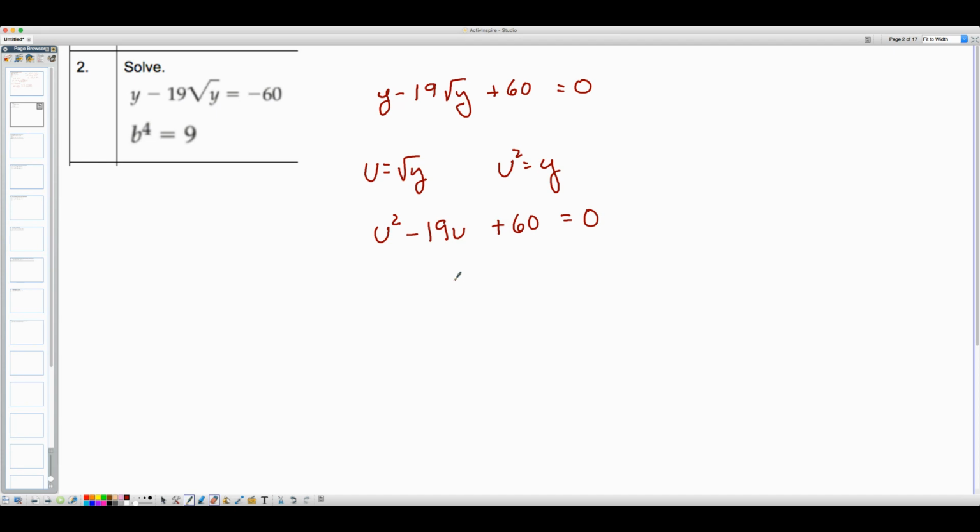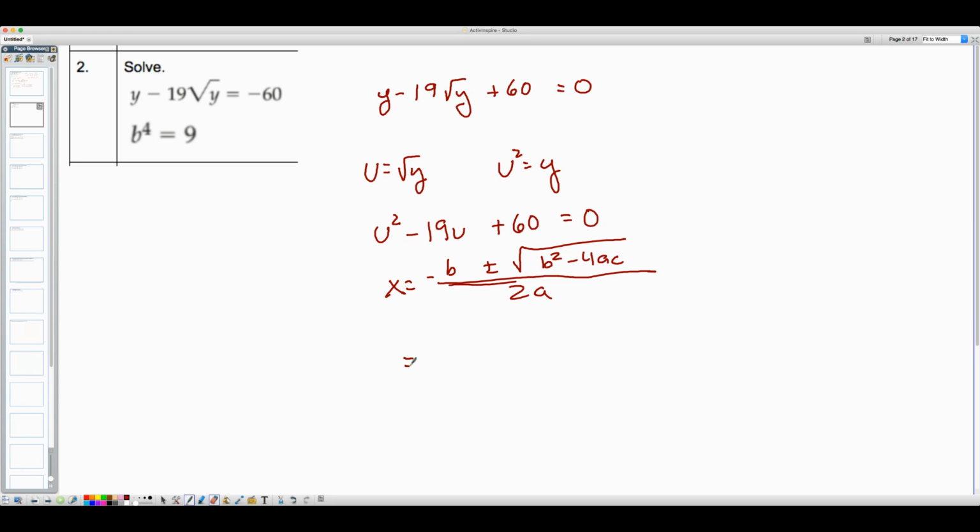And in the interest of time, let's use the quadratic formula, which says x is equal to negative b plus or minus the square root of b squared minus 4ac, all over 2a. So I can substitute these values in to find these zeros.